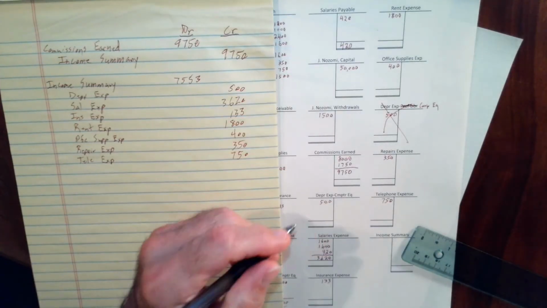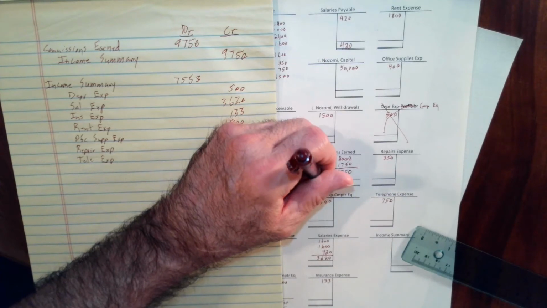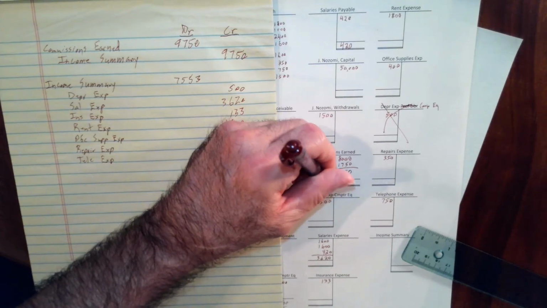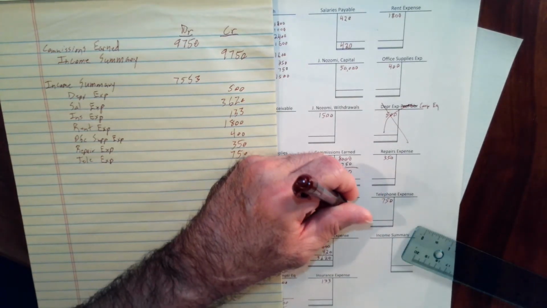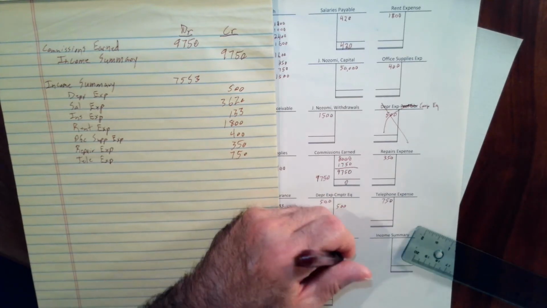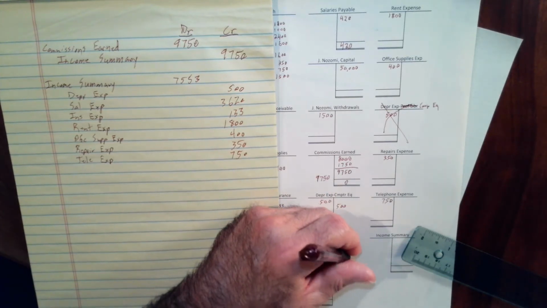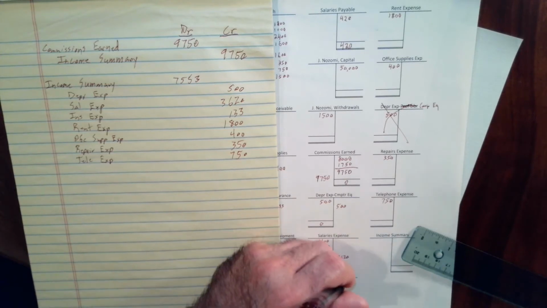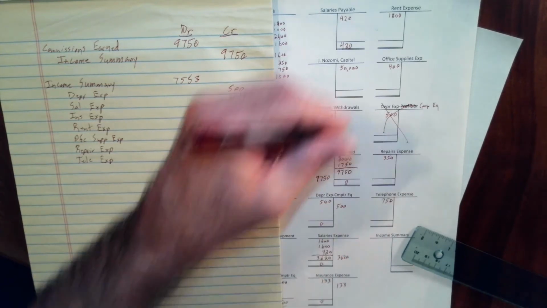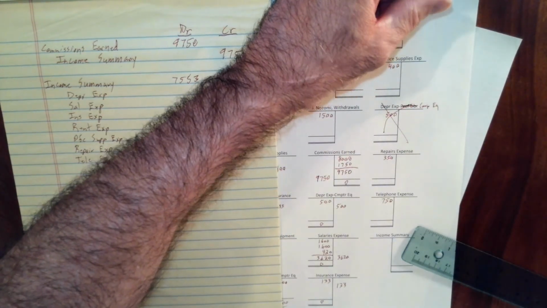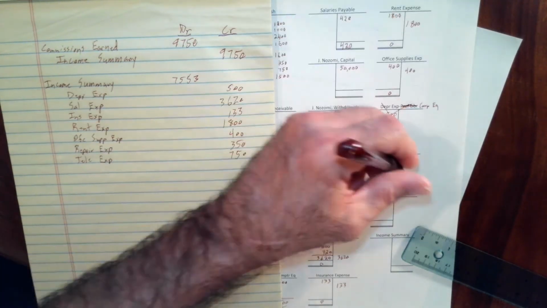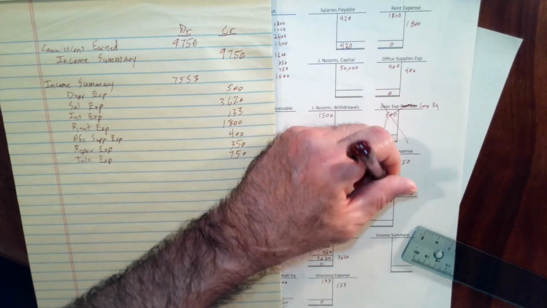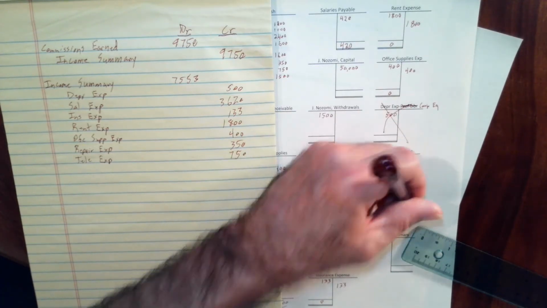Now if I were to do all this and update everything, I would have 9750 and then an ending 0. I'd have a credit of 500, 0, a credit of 3620, 0, credit 133, 0, credit 1800, 0, credit 400, 0, credit 350, 0, credit 750, 0.